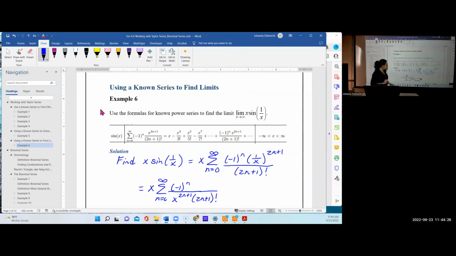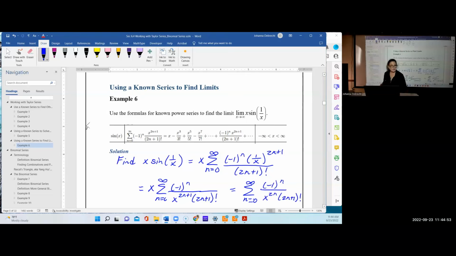Now I want to multiply through by x. This x on top is going to cancel one of the x's on the bottom. And so I'm going to end up with the Maclaurin series, centered at 0, of -1 to the n divided by x to the 2n times the quantity 2n plus 1 factorial.